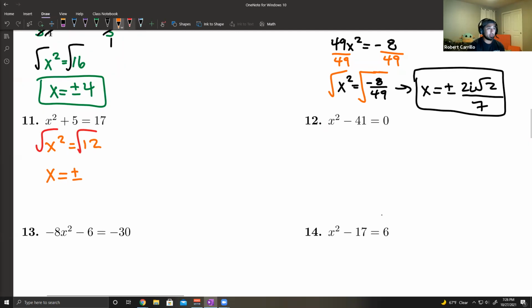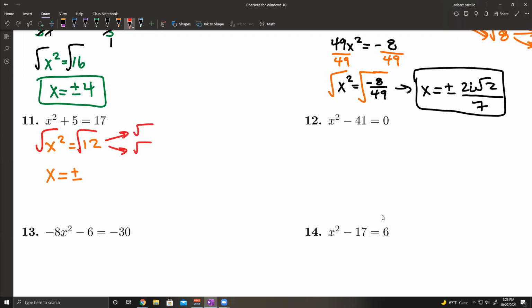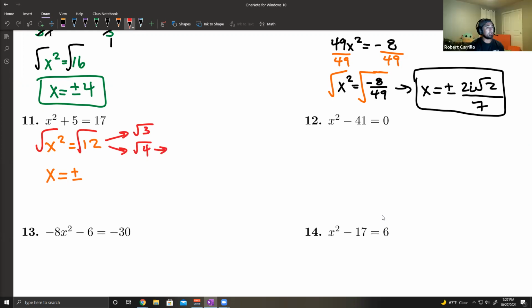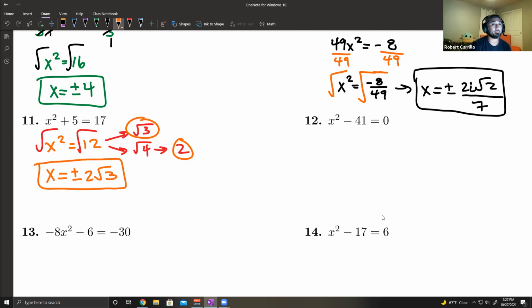Give me two numbers that make up 12. 3 and 4. And we know 4 breaks down to 2, and this leaves us with 2 square root 3. Excellent.